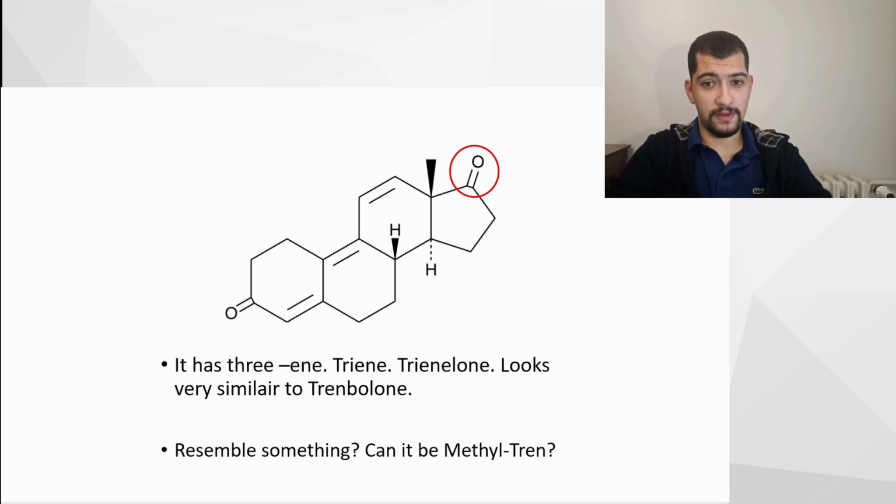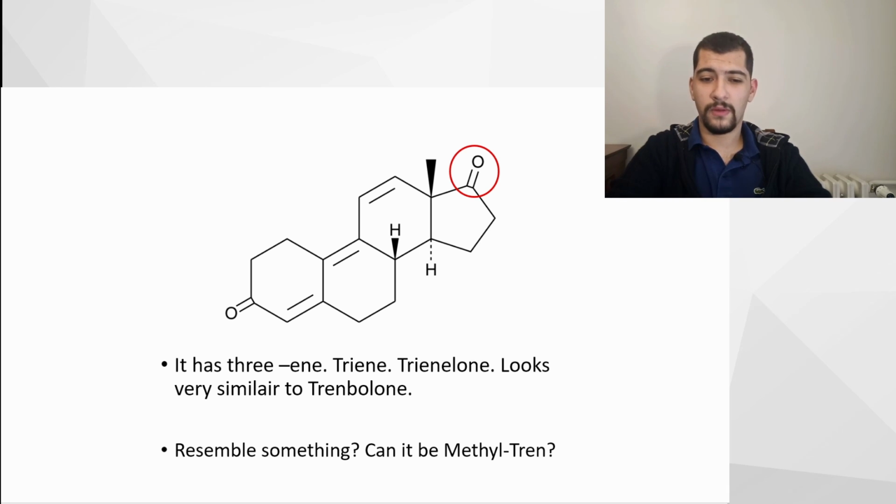The molecule we get is very similar to trenbolone, actually, if you take a look at it. It has 3 ene groups, 3 double bonds, and those 3 double bonds are at the same places as trenbolone has.